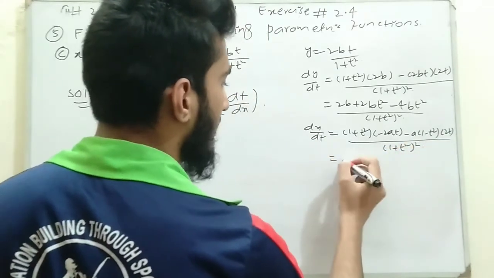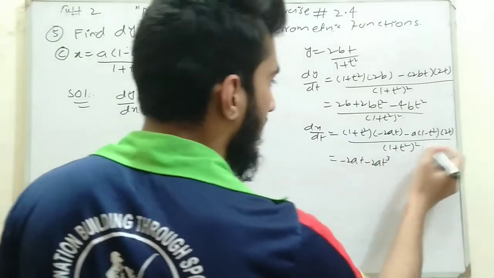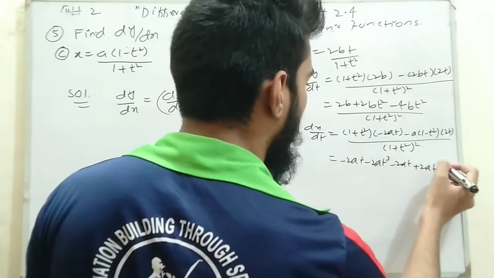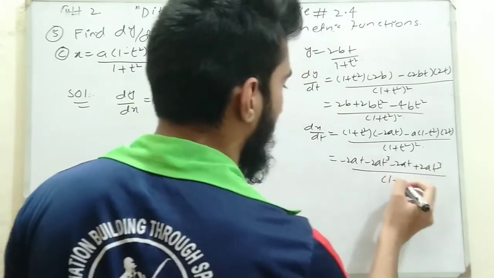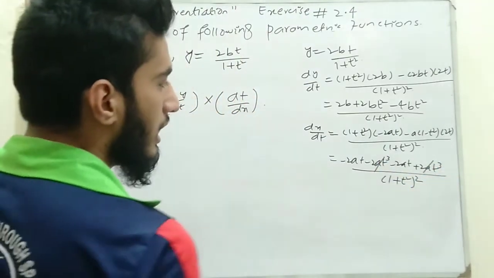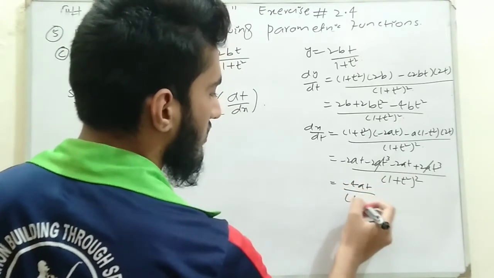By simplification it becomes minus 2at minus 2at cube, and here minus 2at plus 2at cube, divided by 1 plus t square whole square. Now minus 2at cube cancels out with 2at cube, and minus 2at minus 2at gives minus 4at divided by 1 plus t square whole square.